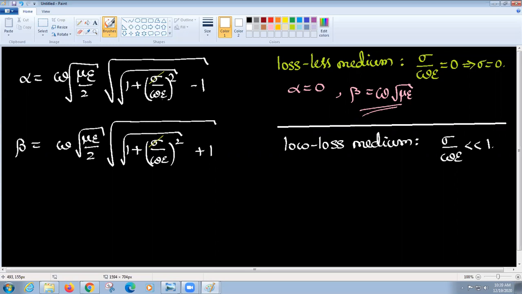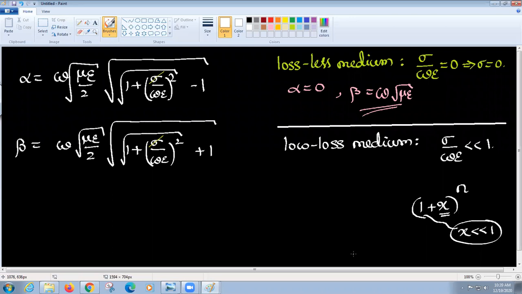Do you know about binomial expansion here? For example, I have something like 1 plus x whole power n. If x is very small, if x is far less than 1, then I can go for simple binomial expansion, right?